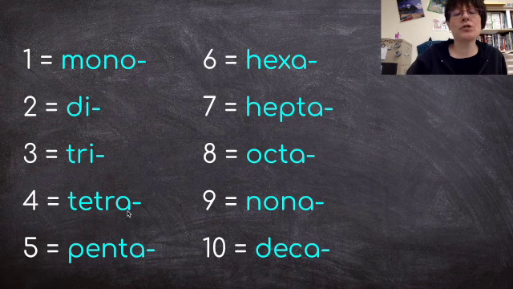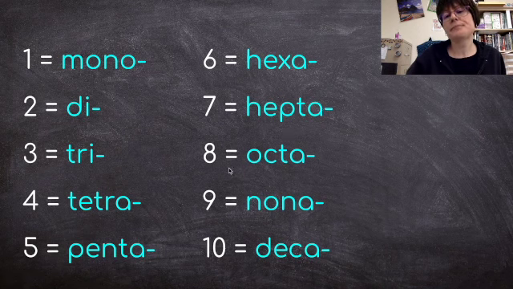All of the shapes in Tetris have 4 blocks in them. 5 is penta, like pentagon. 6 hexa, like hexagon. 7 hepta. 8 octa, like an octopus that has 8 legs. 9 is nona, and you can kind of see the number 9 in that. And 10 deca, like a decade has 10 years.